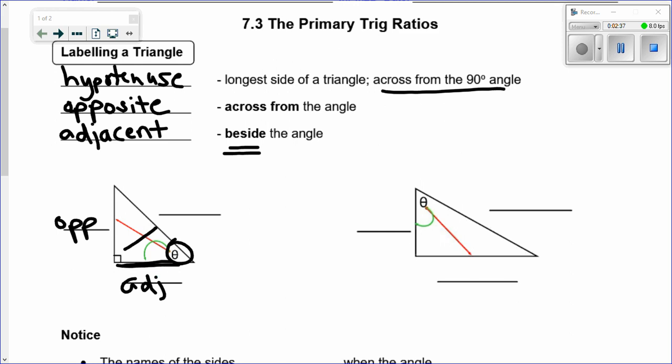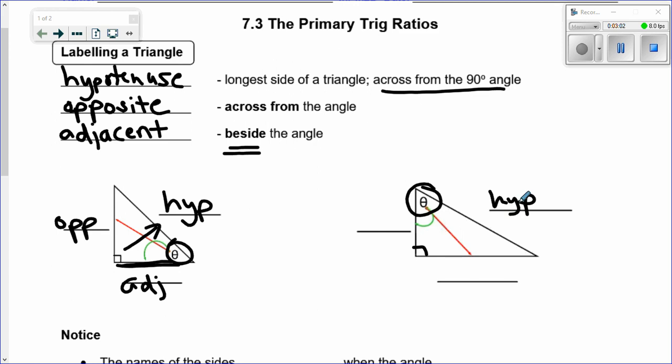As always, the side across from the 90 is your hypotenuse. So have a quick look at the second one. If the angle is now up here, that's a 90-degree triangle. Where's your hypotenuse? Where's your opposite side? Where's your adjacent?